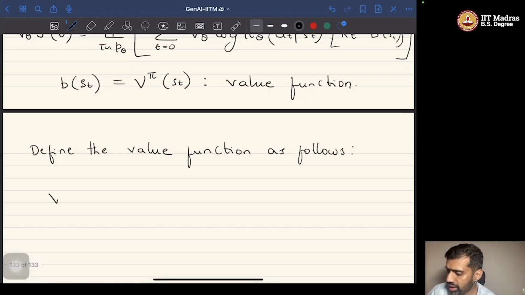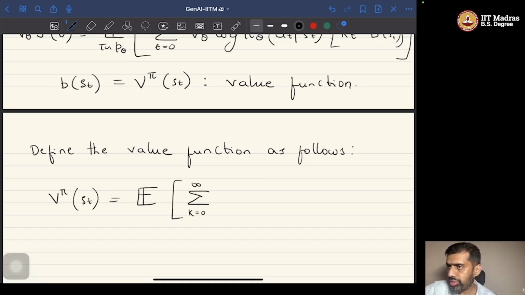So we have v pi of st denoted by this as the expectation of the discounted reward given that the agent has started at state st at time t equal to 0.